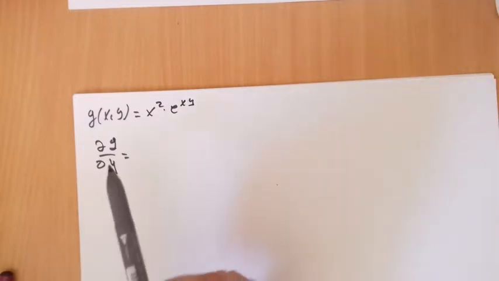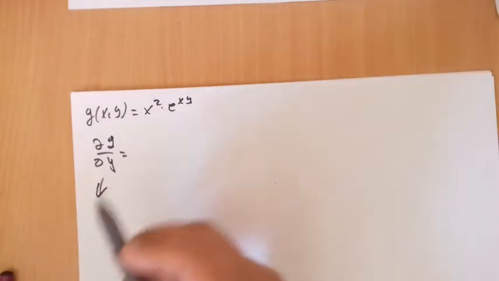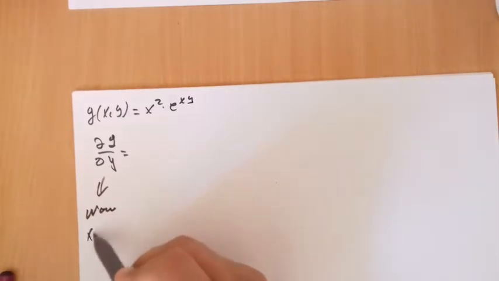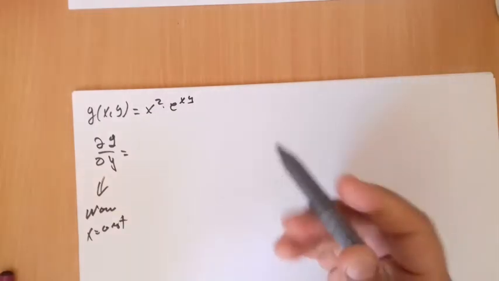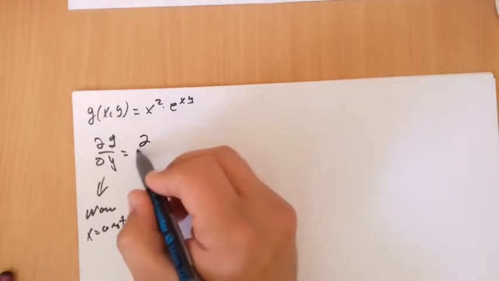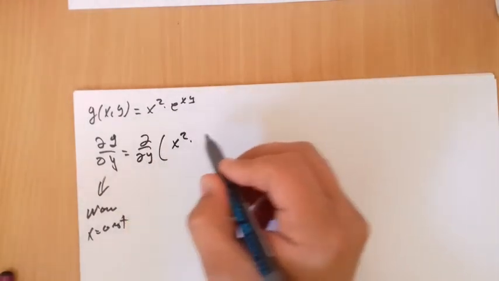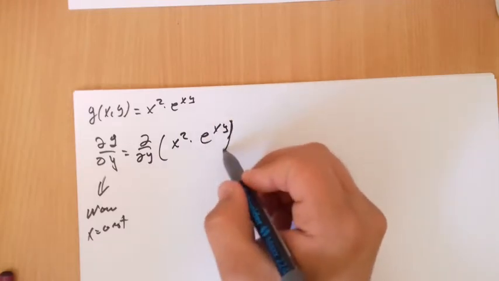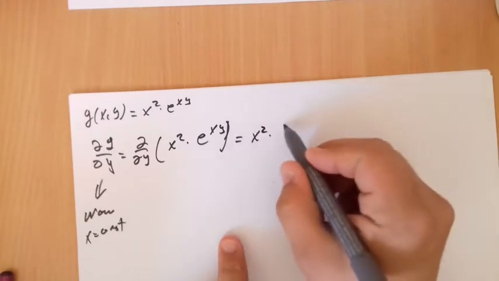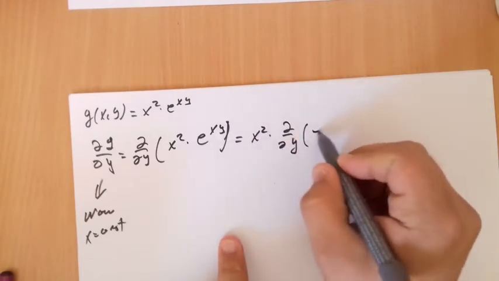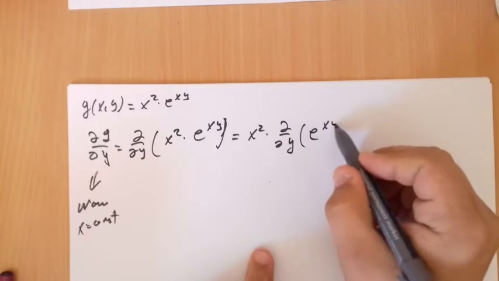So for us now, x is constant, so this x squared goes before. So we have partial of y, x squared times e to the xy. x squared goes before, partial of y, e to the power xy.